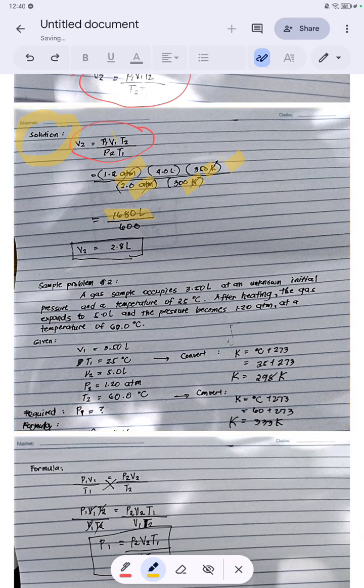Then divide by the product of 300 times 2.0. What is 300 times 2.0? That is 600. So the final answer is 2.8 liters. Meaning, the final volume is 2.8 liters.